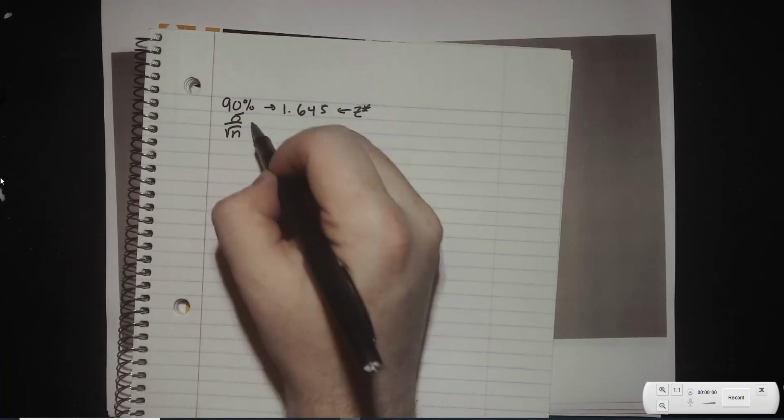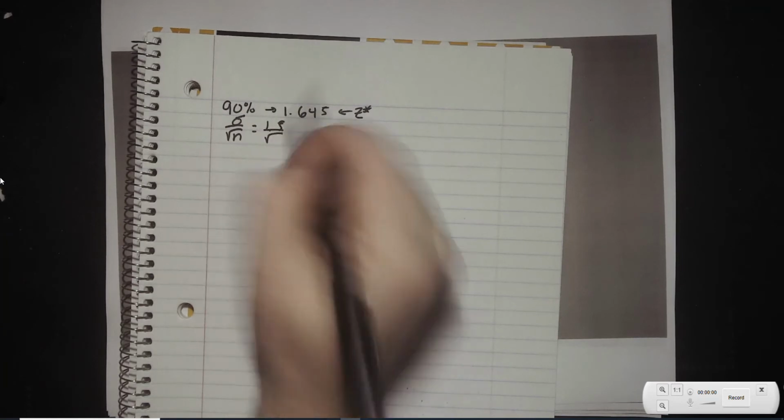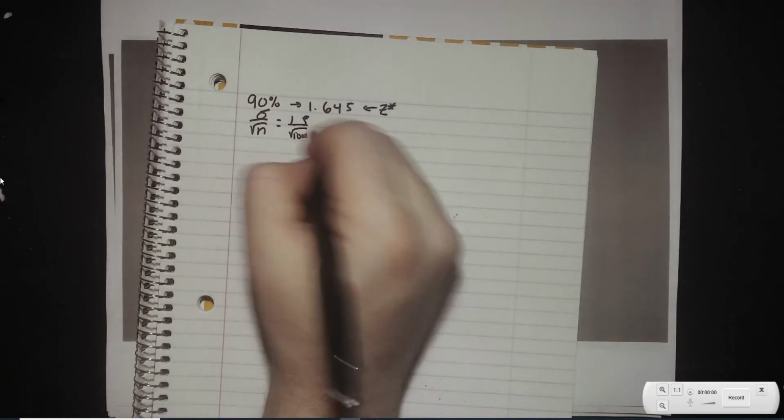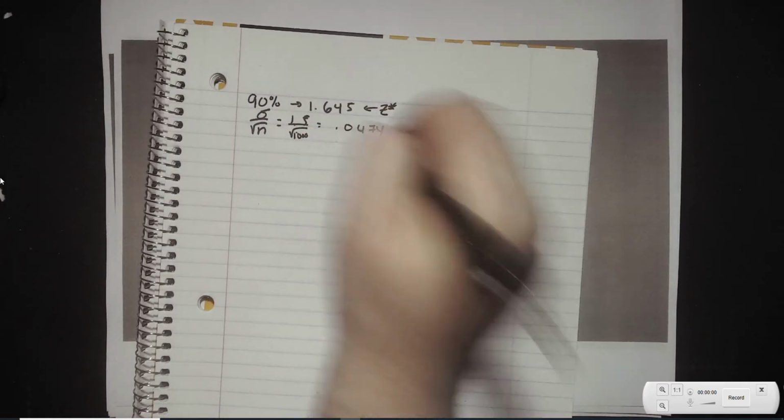Then what I want to do is use this formula here. I have a population standard deviation of 1.5, and then we're going to square root the 1,000. So 1.5 divided by the square root of 1,000 gives me 0.0474.